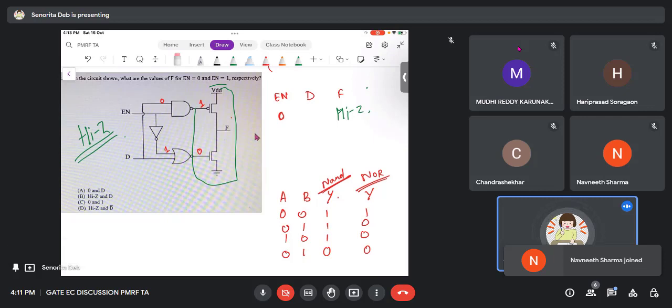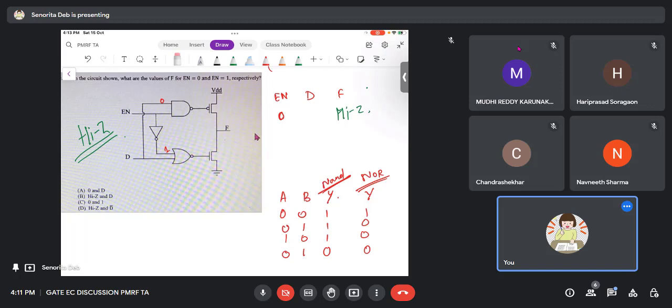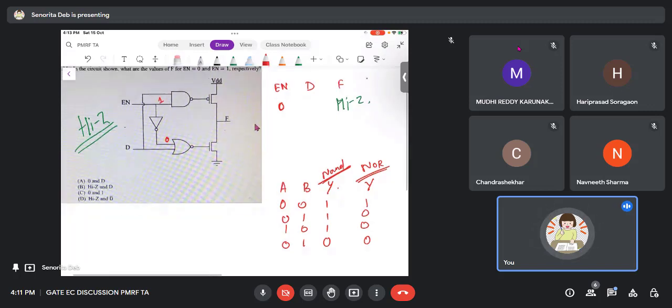Now, the next part is when enable is 1. So when enable is 1, then this input is 0, and when one of the inputs of the NAND gate is 1, then there can be an issue, right? So if one of the inputs is 1, then you have to see what my output will be.